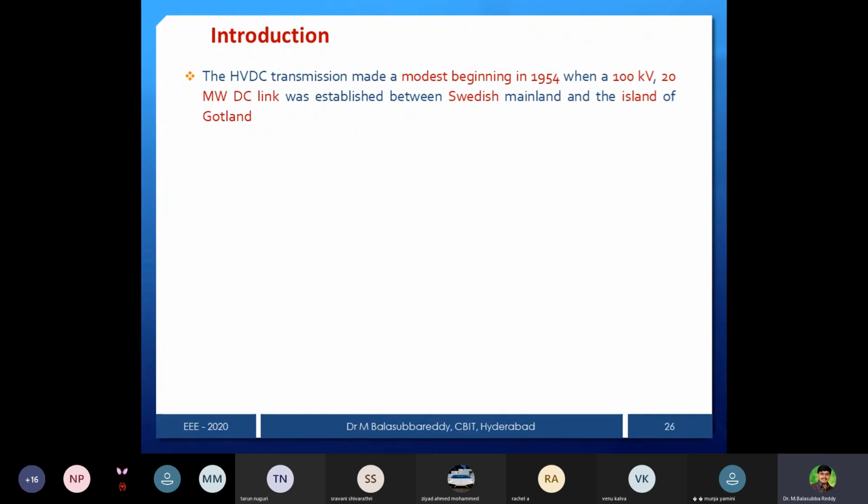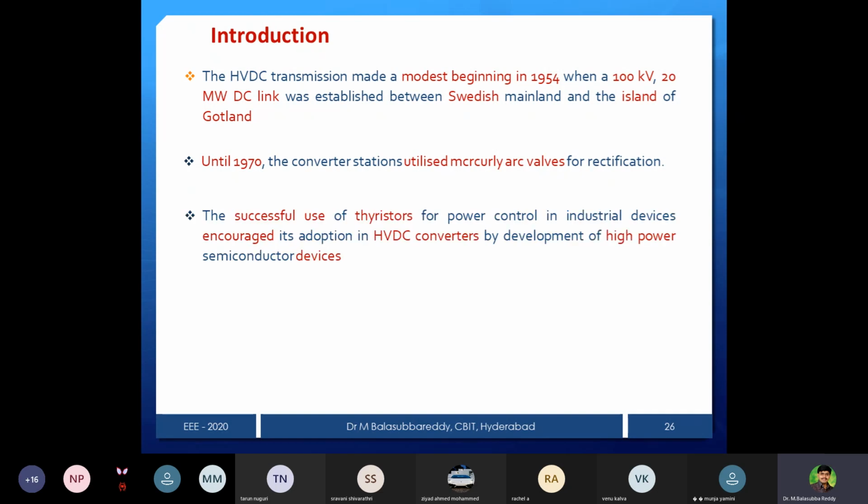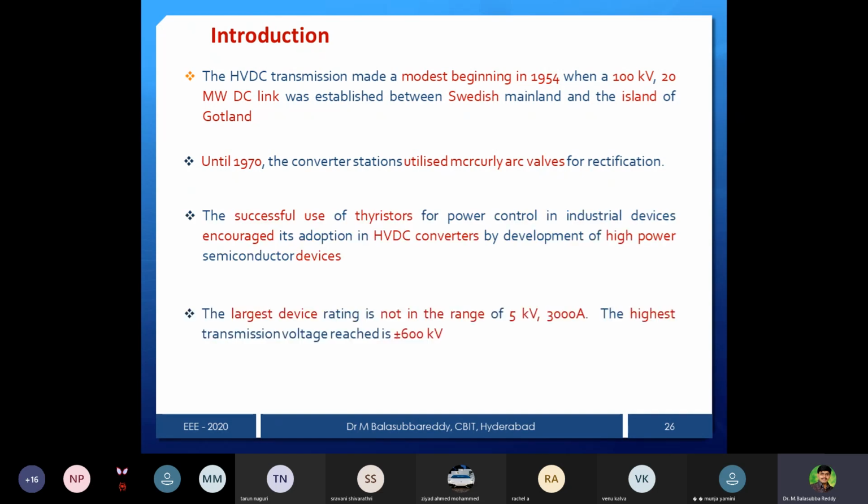HVDC transmission began in 1954, when a 100 kV, 20 megawatt DC link was established. That is already mentioned in the first slide. Until the 1970s, converter stations utilized mercury arc valves, and later they were converted to thyristor valves.